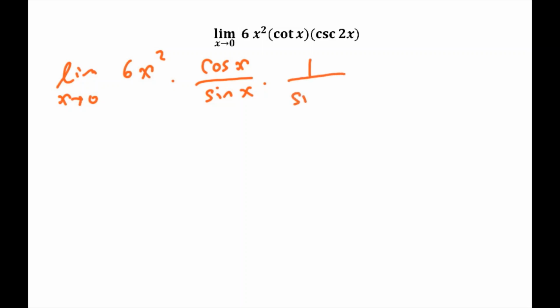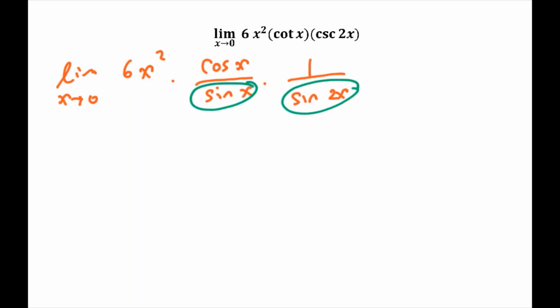Okay, now here, so I'm going to say the limit as x approaches 0 of 6x squared multiplied by cotangent, which is cosine over sine. Cosecant is basically 1 over sine. So what I'm going to do here, I need sine here and sine here.